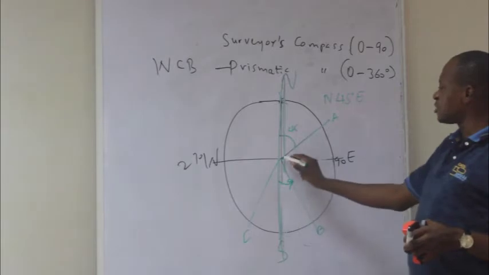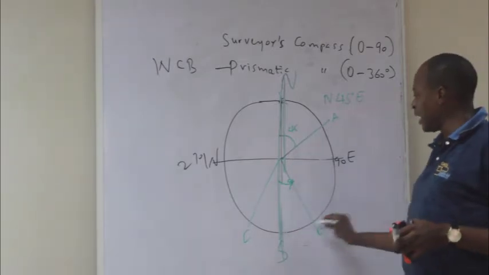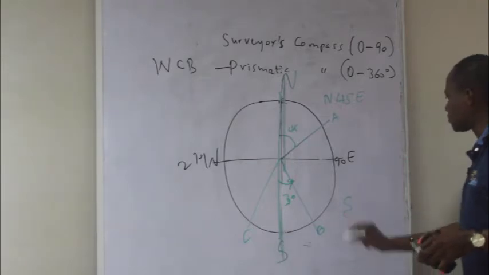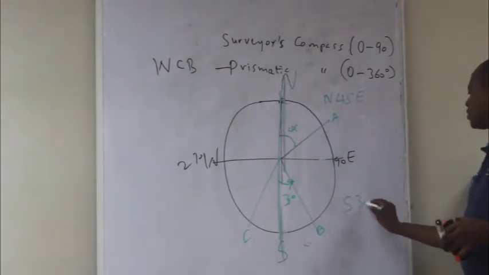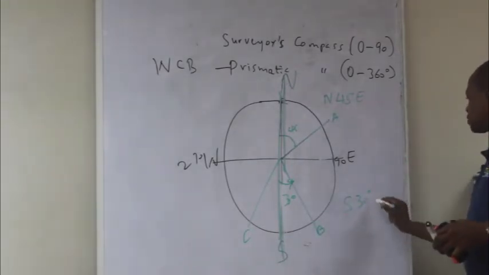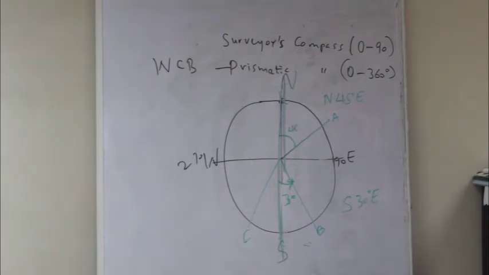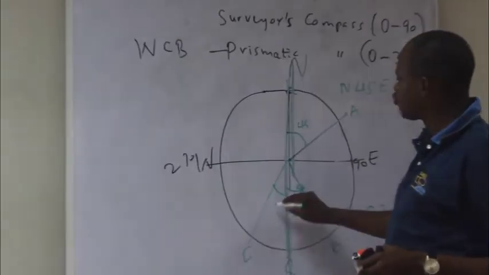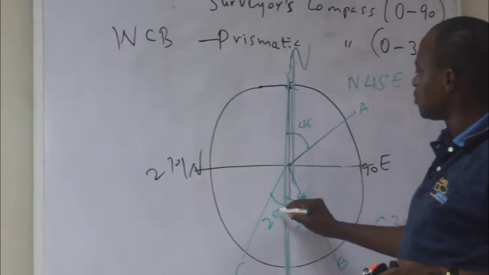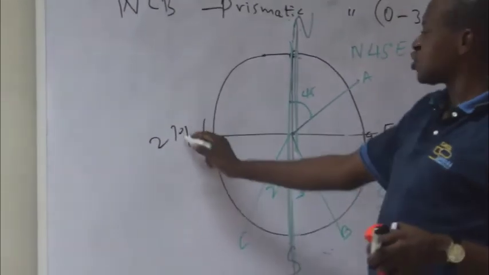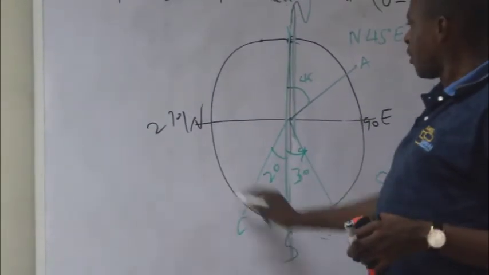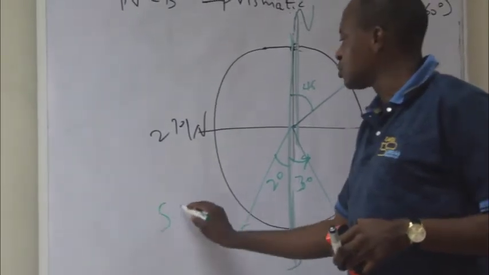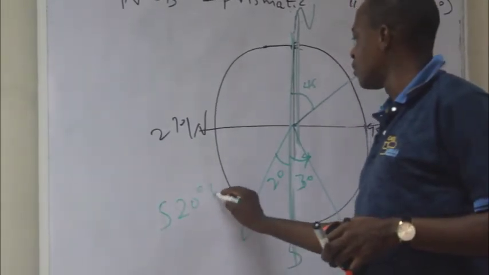If peradventure the angle between here and here is 30, it will tell you that from south, it has moved 30 degrees towards east. That's why you have southeast. If it is at sea, maybe this is 20. It will tell you it's moving towards southwest, from the south towards west. You now write south 20 degrees west.